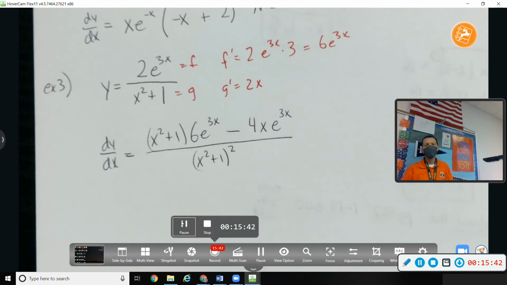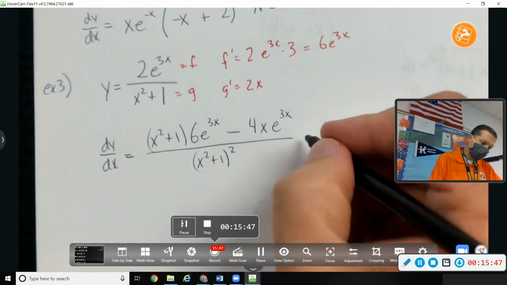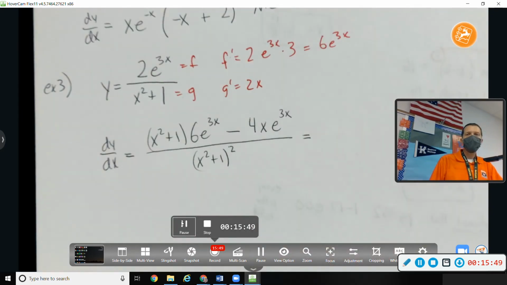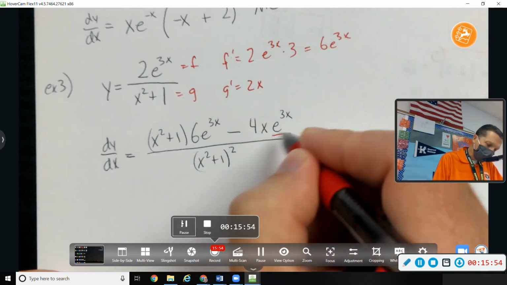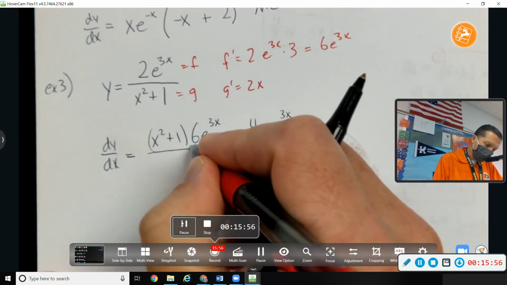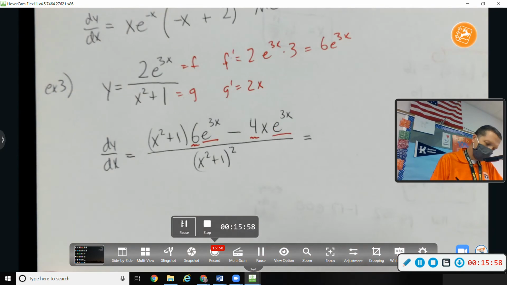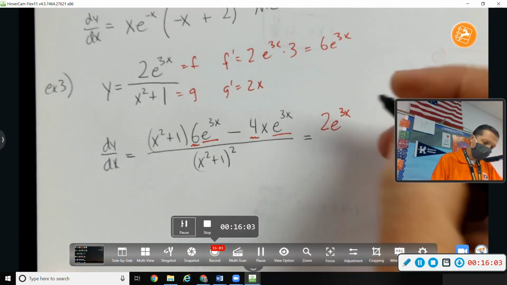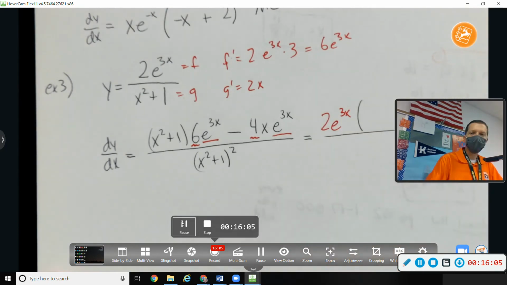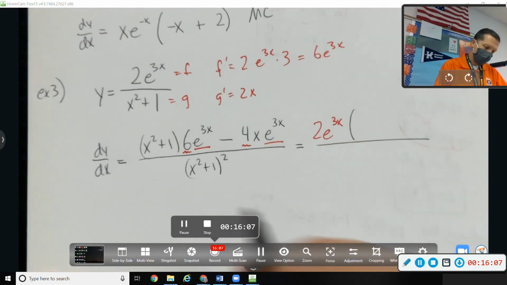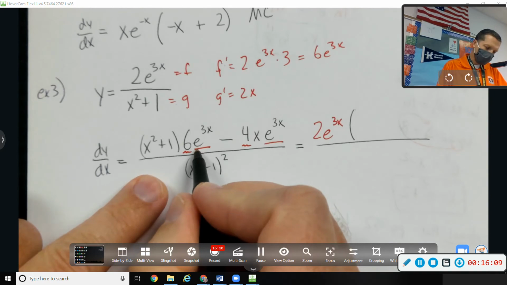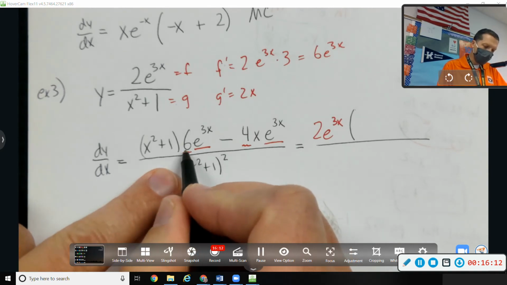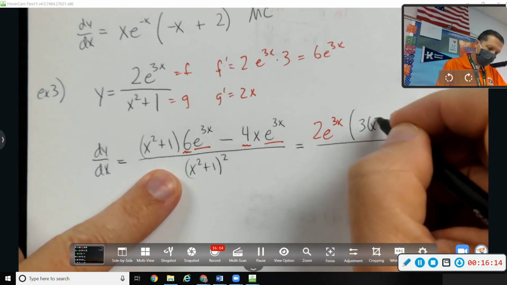Perfectly good free response answer, but both of those terms have something we could factor out. So we've got to get used to using our algebra still. They both have an e to the 3x, and we could take a 2 out of there. So let's factor out a 2 e to the 3x and see what that leaves us with. So in the first one, we took the e to the 3x, we took 2, so that would leave 3 x squared plus 1.